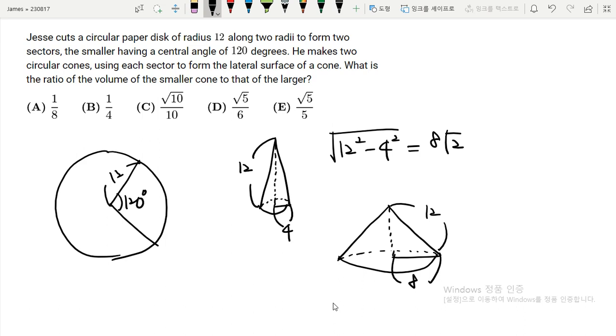So the height of this cone is 4 times the square root of 5. And then if we want to compare the volume of this small cone and big cone, for the small cone, radius squared times height divided by this radius times radius squared times height.